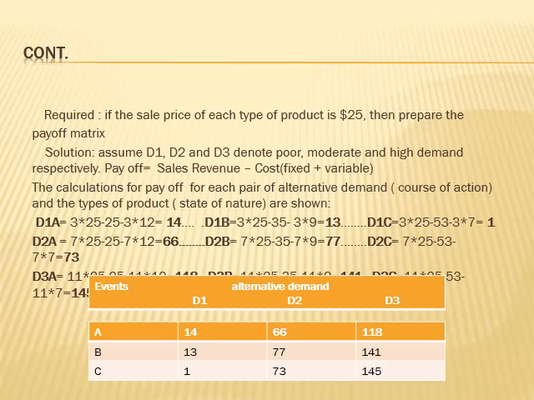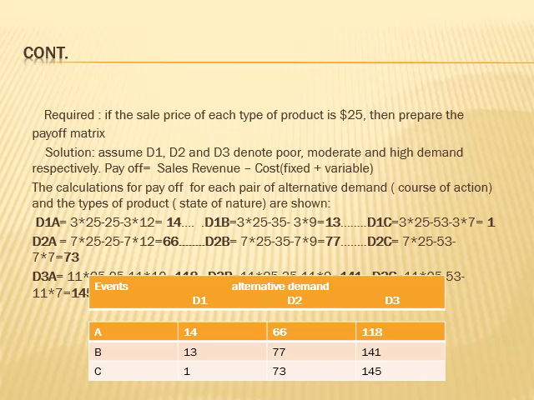For example, for A, when demand is poor it is 14, when demand is moderate it is 66, when demand is high it is 118.